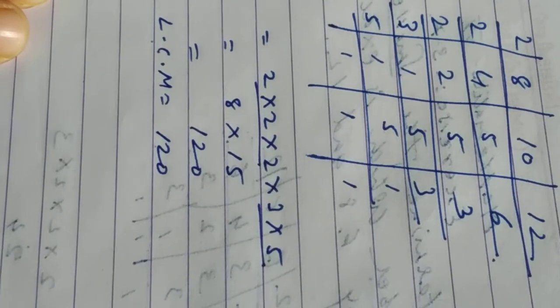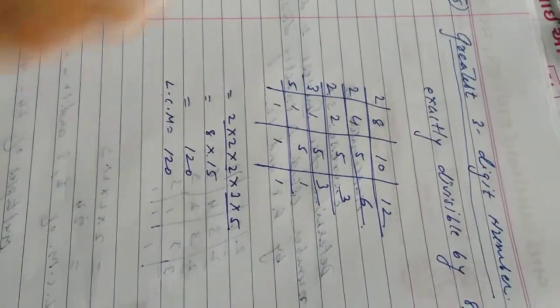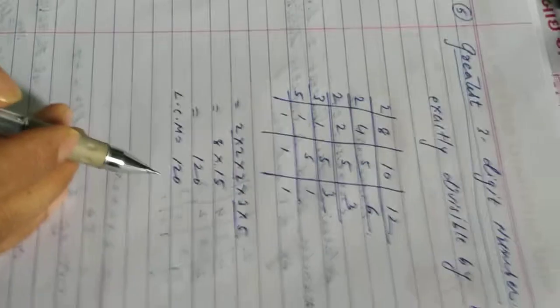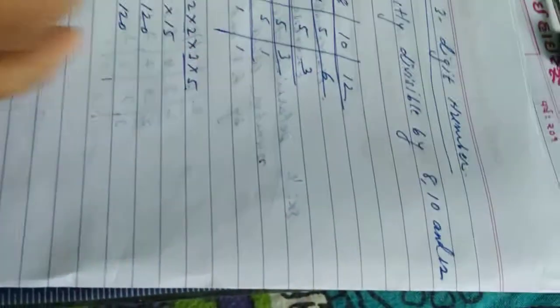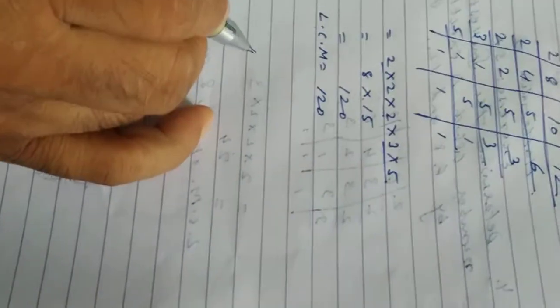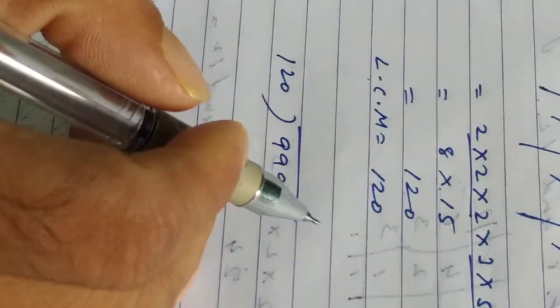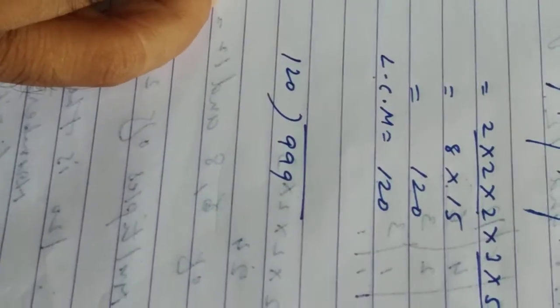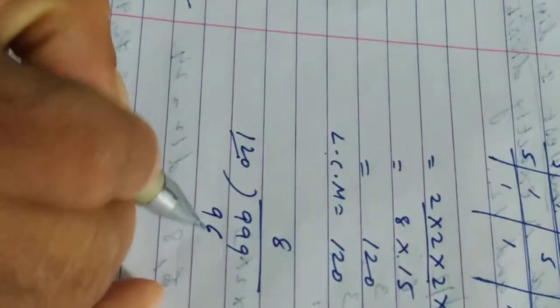120. Now what is asked? The greatest 3-digit number. So we have to find the other multiples of 120, the greatest 3-digit one. Let's see which is the greatest 3-digit number. 999 divided by 120. 120 eights are 960.